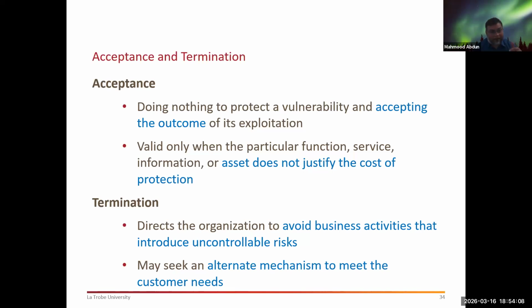Okay, and the last one, termination. I think someone asked about it. Termination is basically we avoid that business process or remove that asset that we think will undergo that risk. We terminate that risk. For example, say there's a startup company, and before they actually go into a listed company, they do the risk analysis.